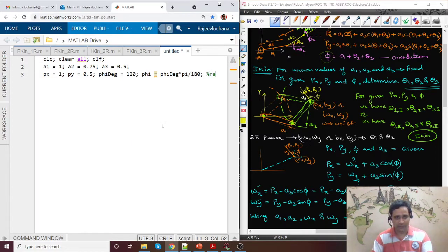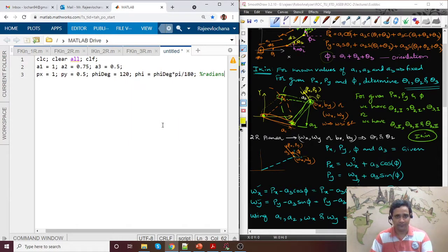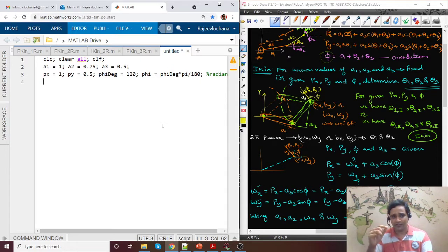So this is in radians. In all the calculations that we do, please make sure that you have the angle in radians. When you want to show it to the user, you may again do the inverse of this. If I get it in radians and want to show it in degrees, I can just multiply it back and we'll get that. So that is not a problem. Now we have a1, a2, a3, px, py and phi. That is what is mentioned here also.